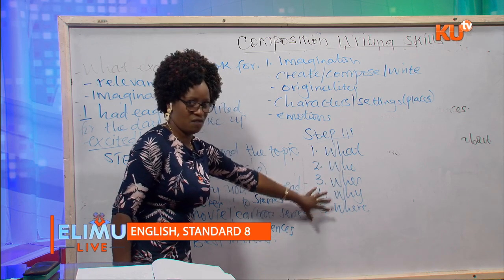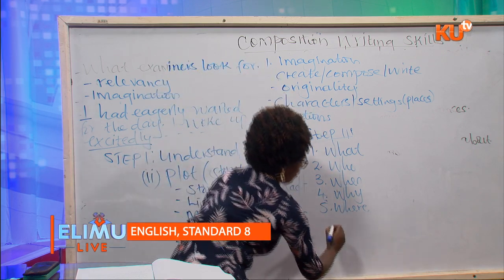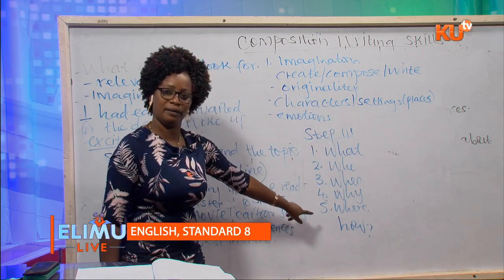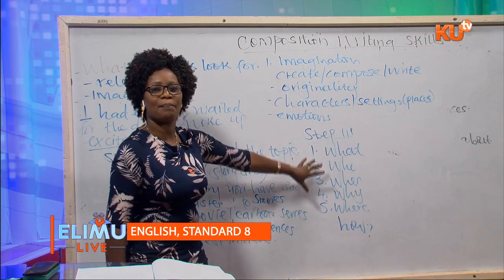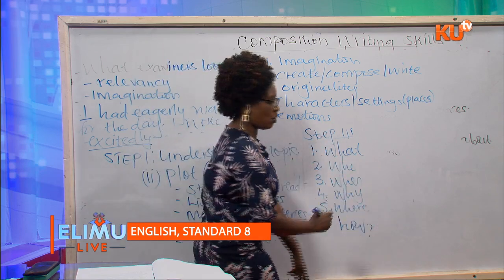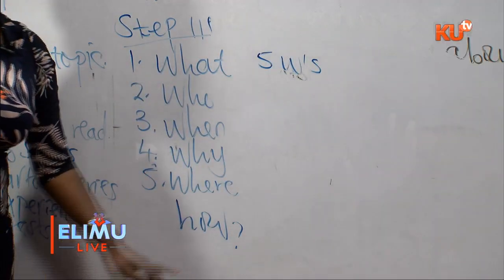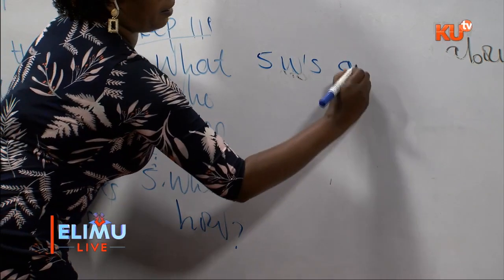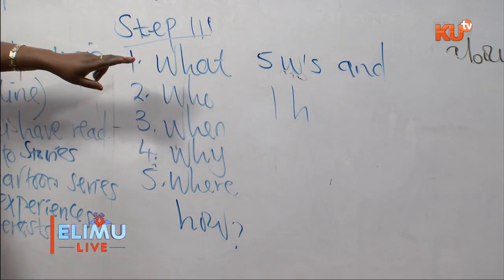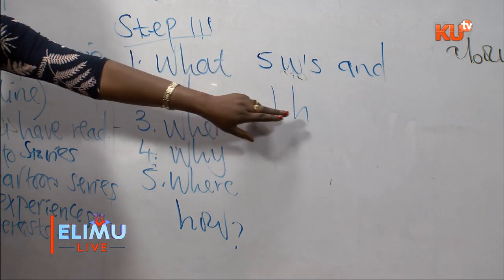Where did all these events take place? And one more. How did they happen? So in step number 3, we use a rule that we call the rule of the 5 W's and 1 H. The rule of the 5 W's and 1 H.